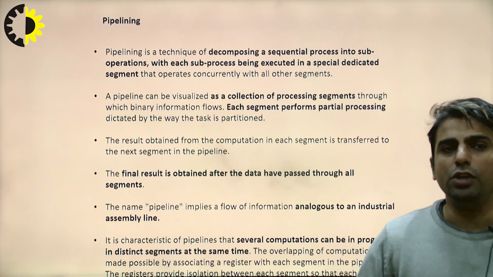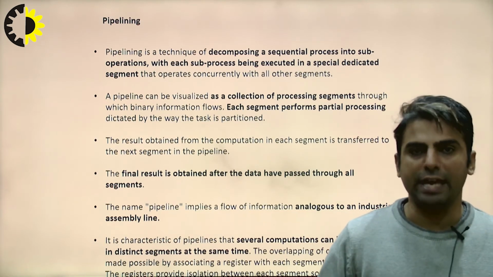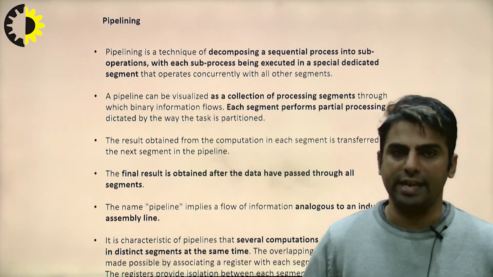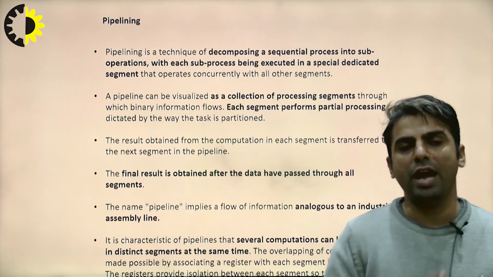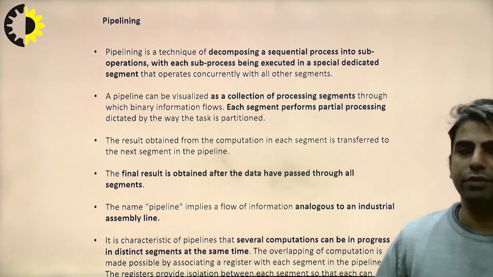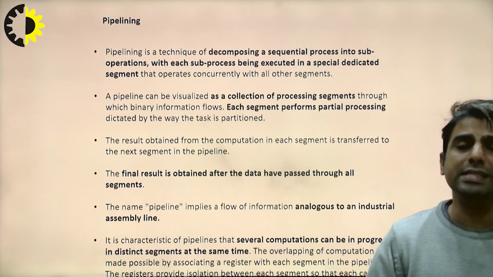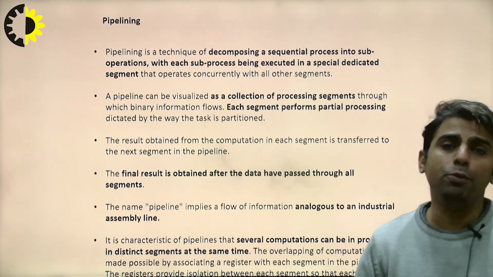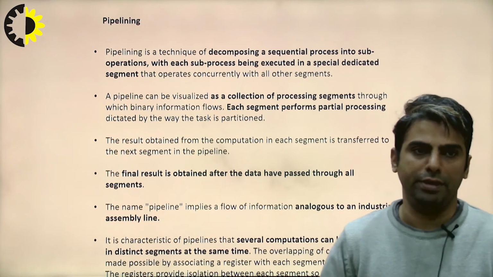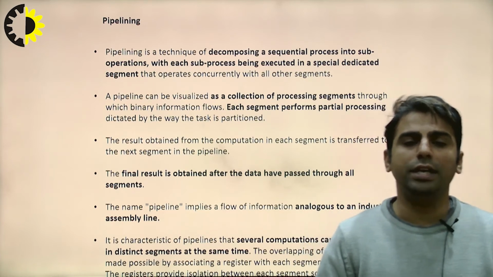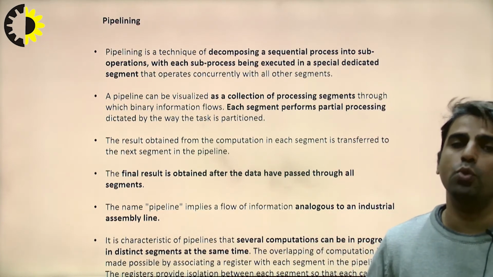So the result obtained from the computation in each segment is transferred to the next segment in the pipeline. I'll just show you with a figure that in a system, if we have 4 segments, one segment's output will be the input of the next segment, right? So the final result is obtained after passing through all the segments.